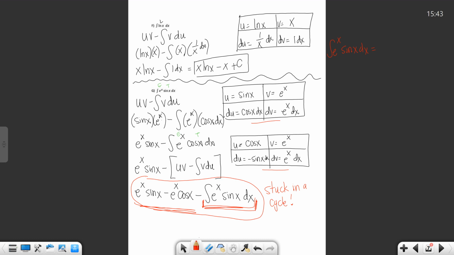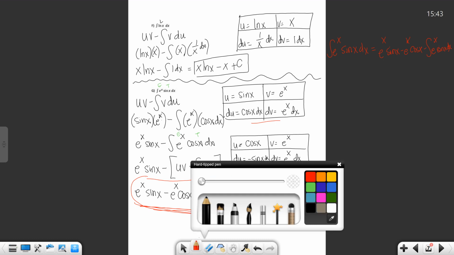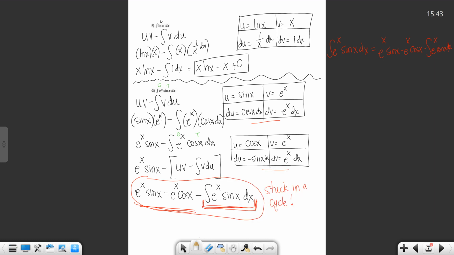So far I've found that that's equal to e to the x sine x minus e to the x cosine x minus integral of e to the x sine x dx. So you're going to write that out. You want to get to where you've gotten back to the same problem.